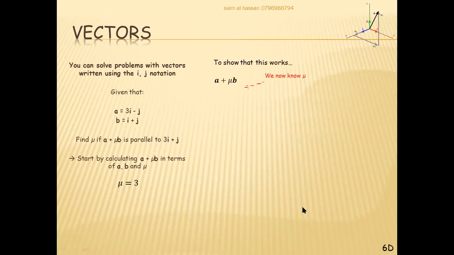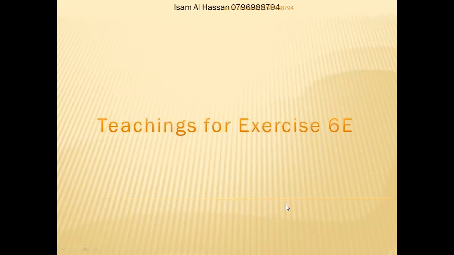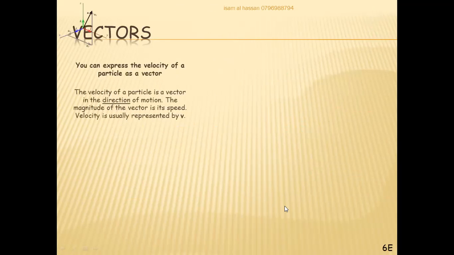To show that this works, we substitute the mu we got, and one of them is a multiple of the other, multiplied by 2. Now you can express the velocity of a particle as a vector. Velocity has direction and magnitude. So that's a velocity.